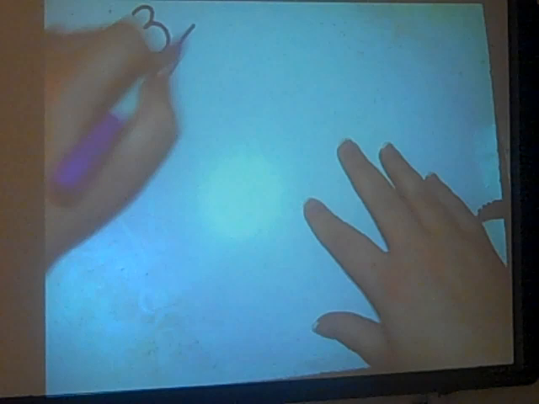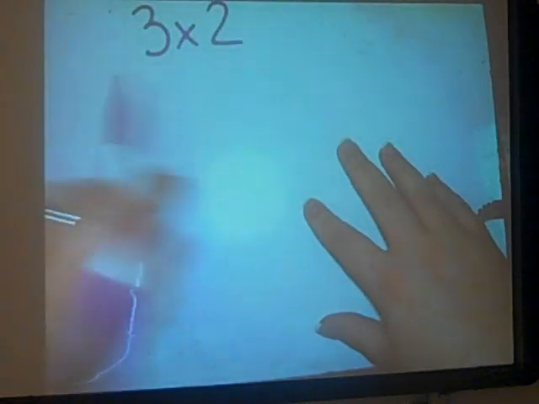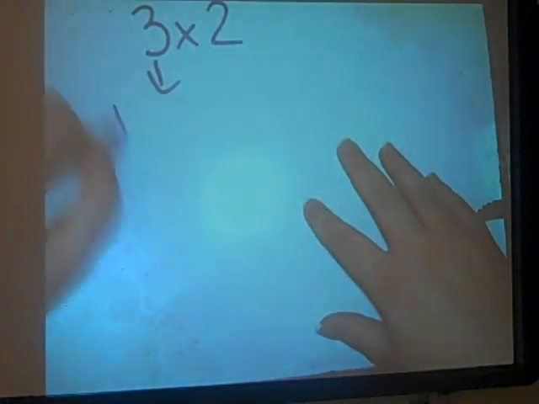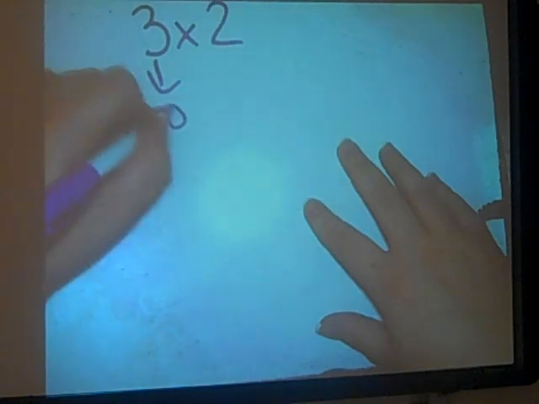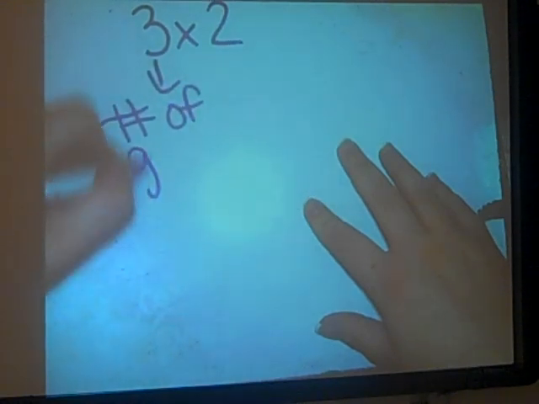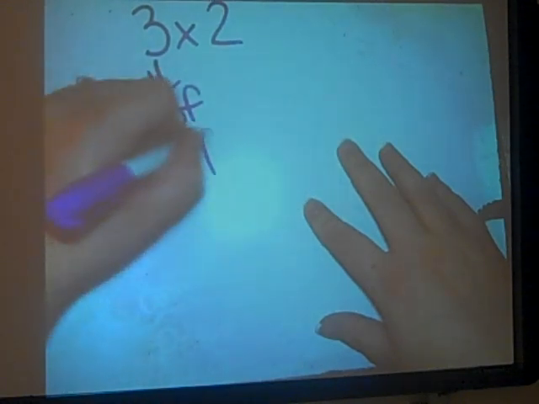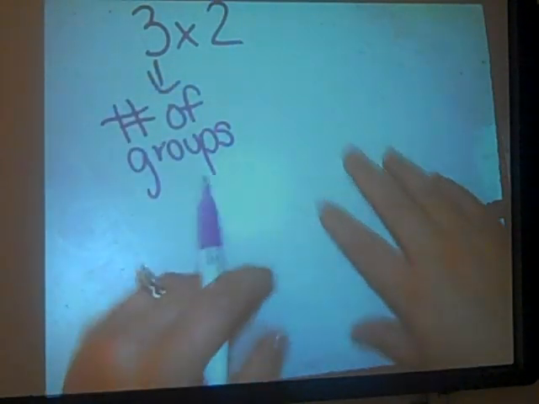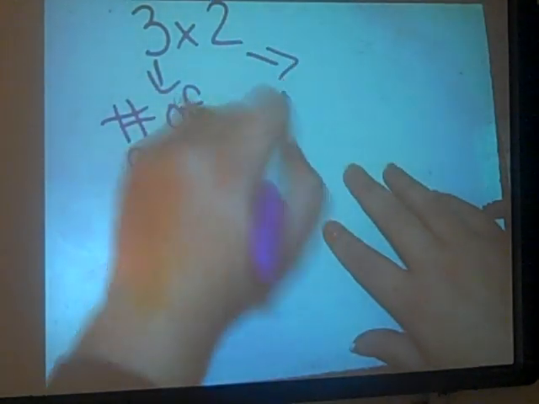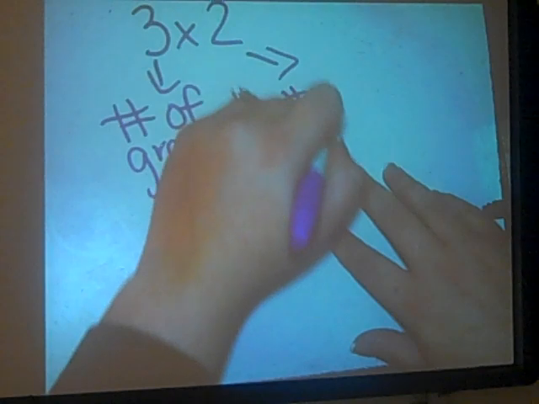This video is going to deal with modeling with integer chips for multiplication and division. So in multiplication, if you have a problem like 3 times 2, your first number will tell you the number of groups. And your second number is going to tell you the number in each group.